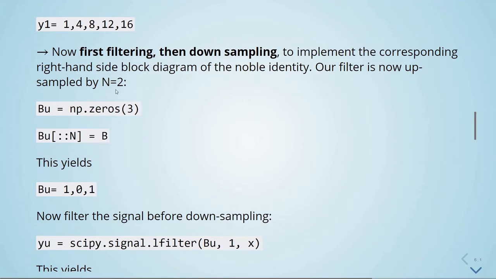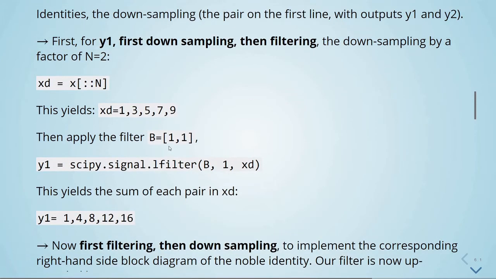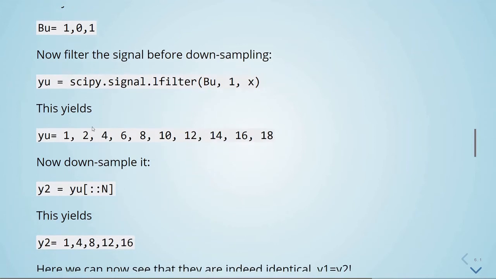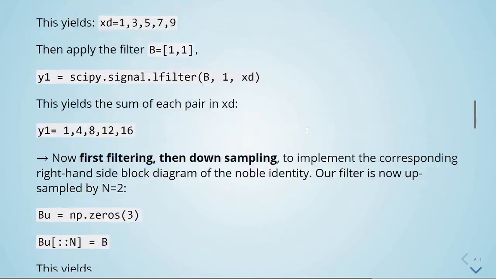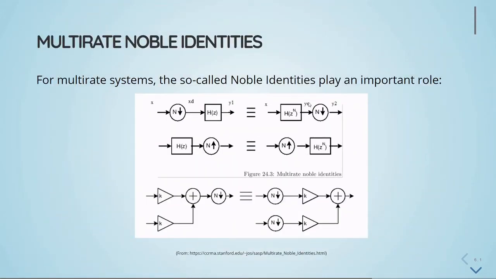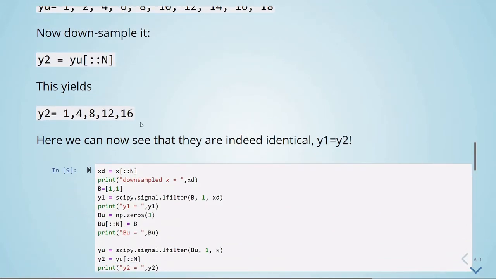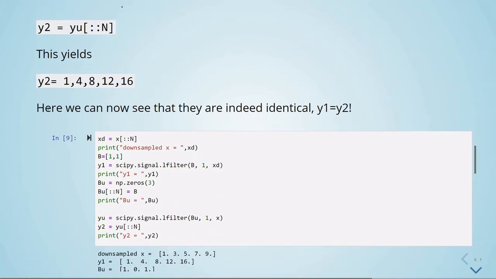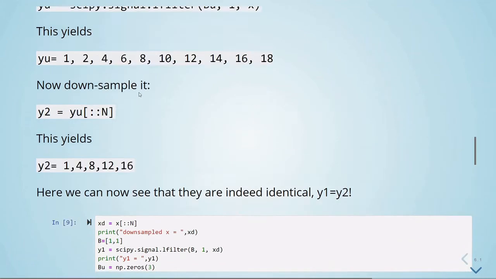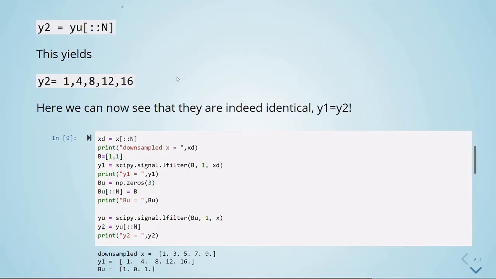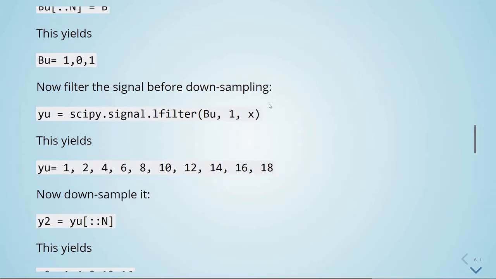When we do this operation here, we are inserting a 0 here. We also can use the SciPy filter, and then we will get the y of u, which is here, and then we downsample, and we will have the y2, and we see that y1 and y2 are identical.